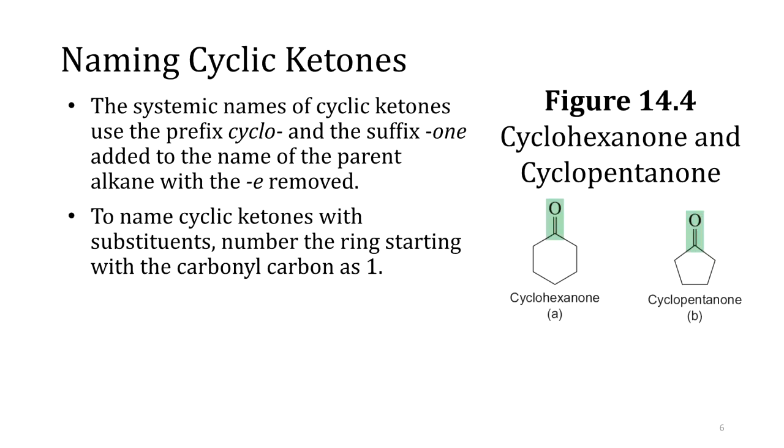Shown here, we've got the 6-membered ring, which would be cyclohexane, and the corresponding ketone is cyclohexanone. The 5-carbon ring system, cyclopentane, if we put on a carbonyl here, we have cyclopentanone. And of course, anytime we have specified this, we've identified the carbonyl carbon as the 1 position on the cyclic ring.